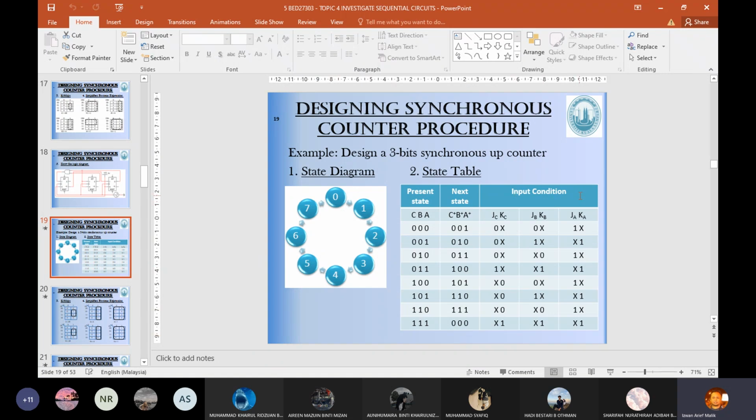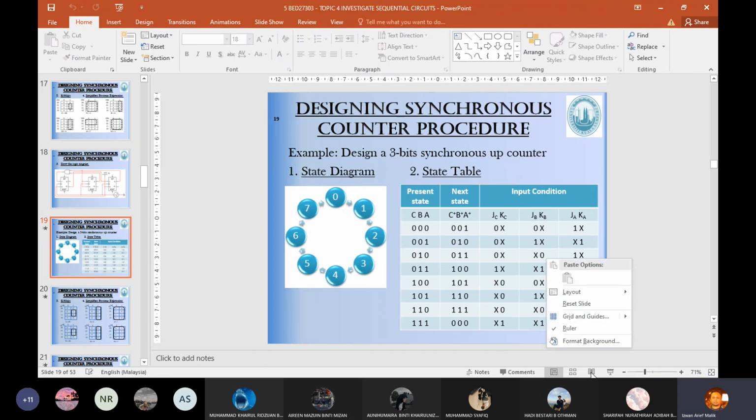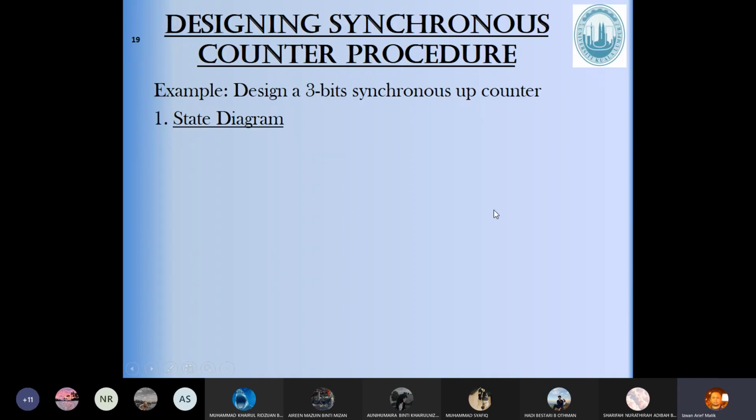Okay, input condition macam saya cakap tadi, C dengan C plus compare, so 0, 0, 0 don't care, 0, 0, 0 don't care, 0, 1, 1 don't care, 1, 1 don't care 0, 1, 0 don't care 1. Okay, so you kena compare untuk setiap satu lah.